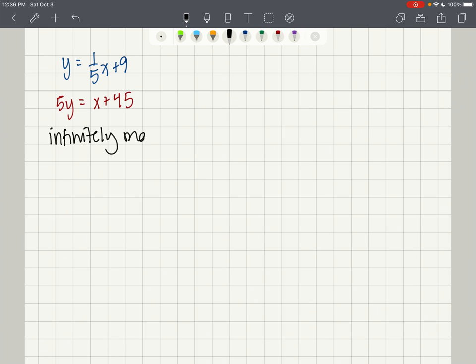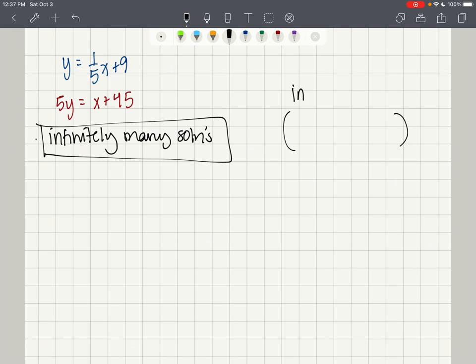How do we write that? As an ordered pair. Infinitely many solutions. So you might box that, but then there's going to be this ordered pair that has an answer in it. So we can write our ordered pair in terms of x, or we can write our ordered pair in terms of y. So we have an x-coordinate and a y-coordinate.